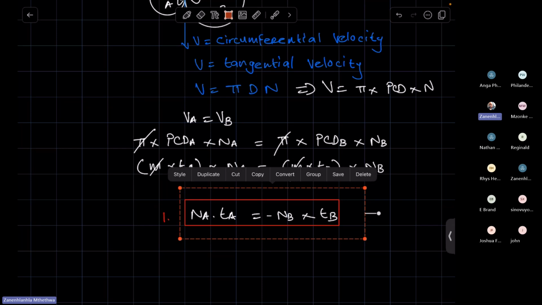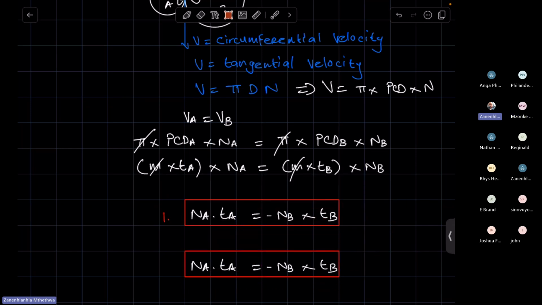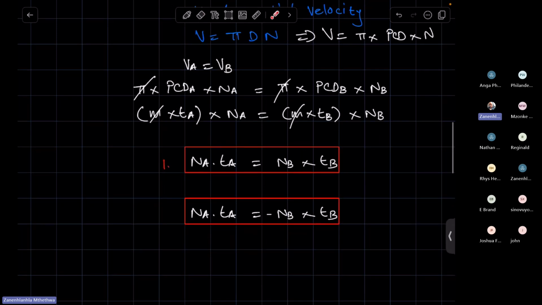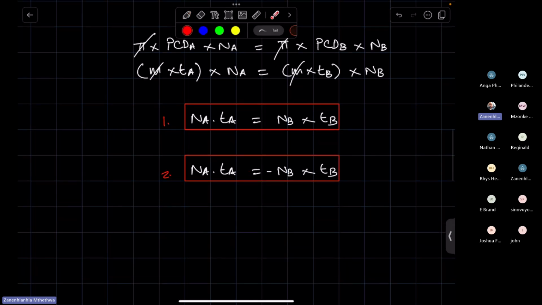Yes, sir. So this is the second step. First step, establish the relationship between the two gears. Second step, establish the direction of rotation, which we just did. Third step is you solve for what you're looking for. Say in this case we are looking for NB.